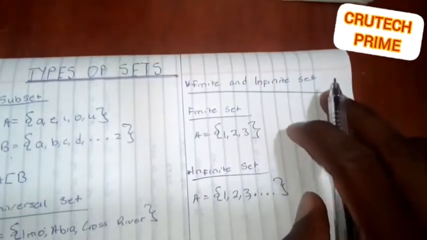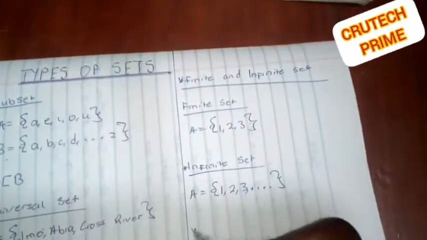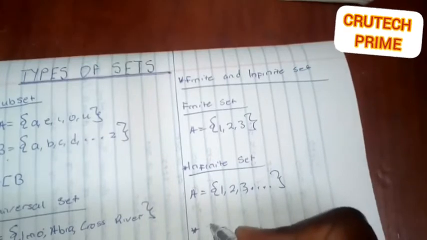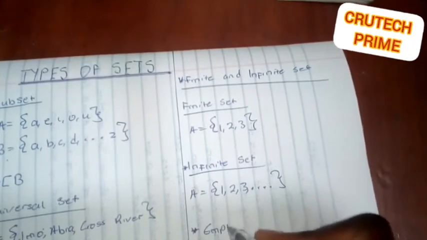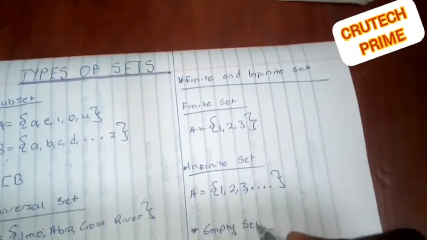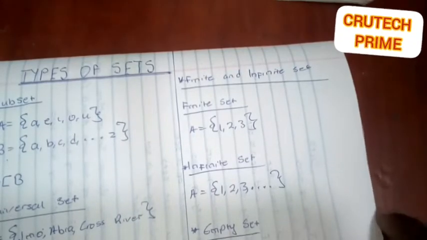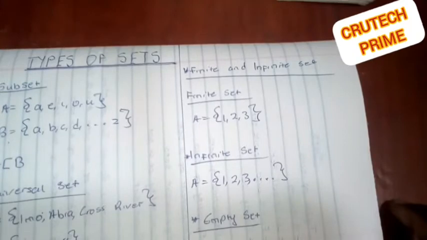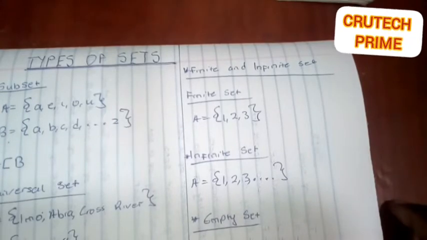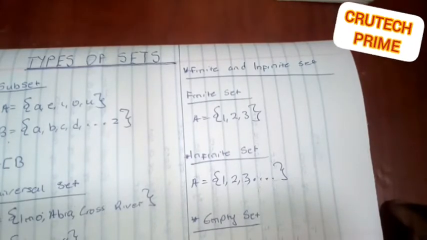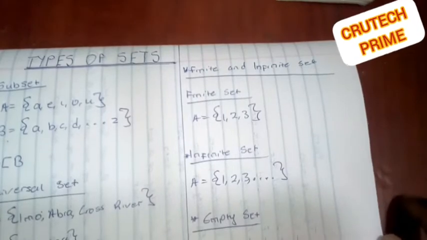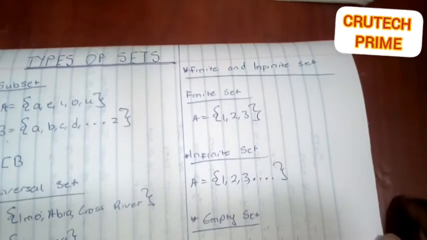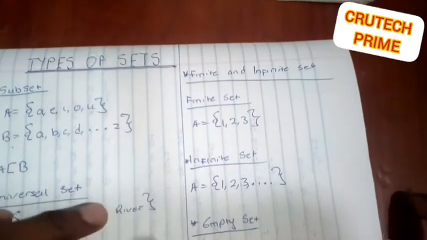And lastly, the last one we have is called empty sets. Now, a set is said to be empty when it contains no elements. When it contains no elements in its set, it's called an empty set. You can either call it empty sets or null sets.